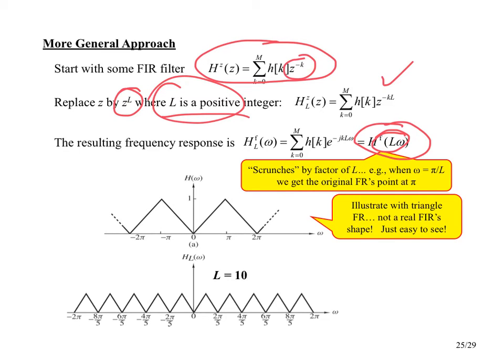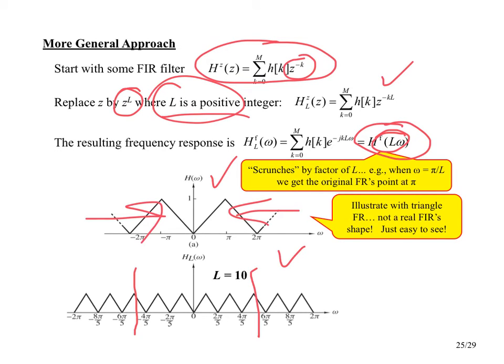So to illustrate, suppose this is our original H of omega. After we've replaced z by z to the L, we get a new filter that will look like this. Notice that from minus pi to pi, it's this thing scrunched in.